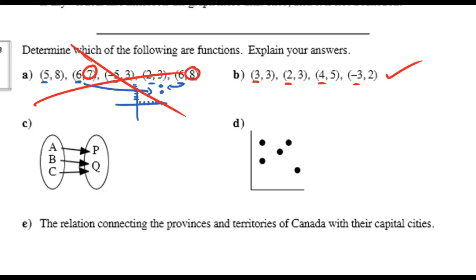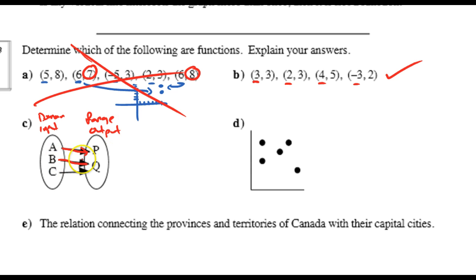All right, so here we go. This one is if I input A, again, these are your domain or your input, and this will be your range or your output. If I input A, the output is P. This might be like some sort of a code.